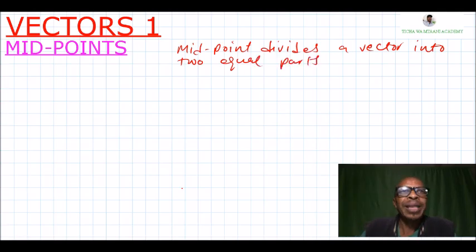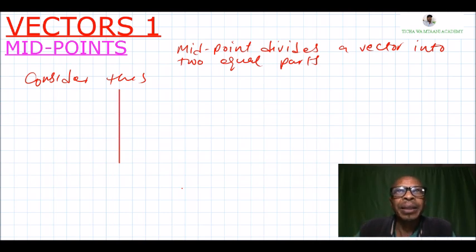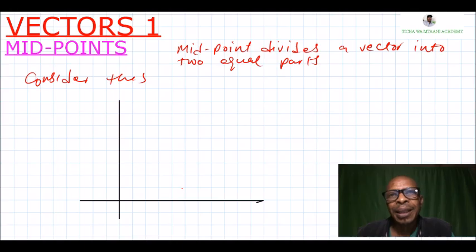So let's consider this. We have a Cartesian plane here, right? Let's draw the Cartesian plane here, and this is the x-axis. So we say this is our y, and this is our x.